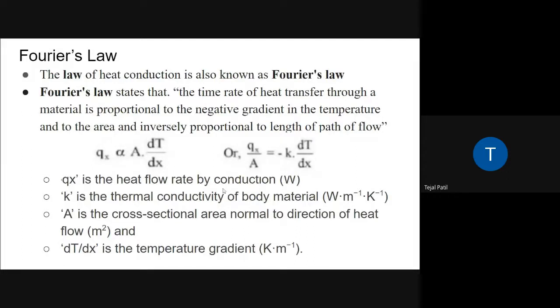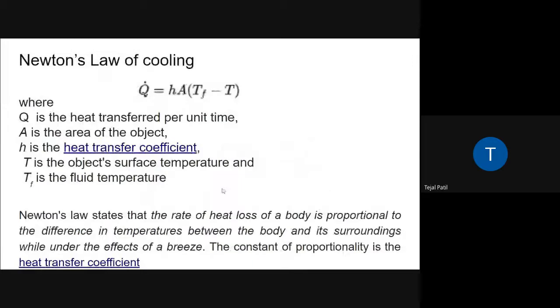So this is the law which is applicable for the conduction process. Next one is Newton's law of cooling. Newton's law of cooling says that the rate of heat loss of a body is proportional to the difference in temperature between the body and its surroundings. The constant of proportionality is the heat transfer coefficient.